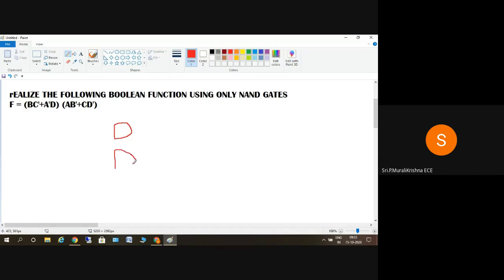Draw the gate symbols. This is BC bar. Then A bar D. So both are added, and given to an OR gate.